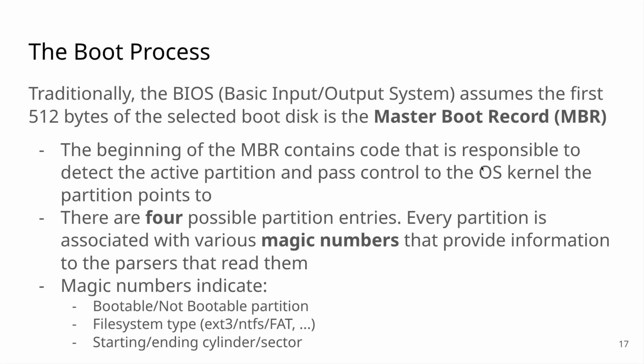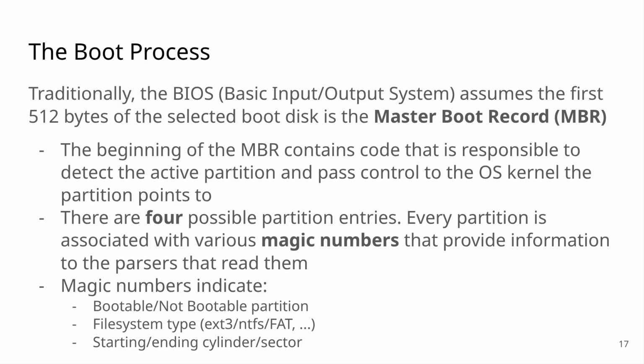So after this MBR code, there are 4 partition entries, and every partition entry has a certain number in the beginning, and that number is called a magic number, because it has nothing magic to it, but it's a predefined number that the computer knows what it means.